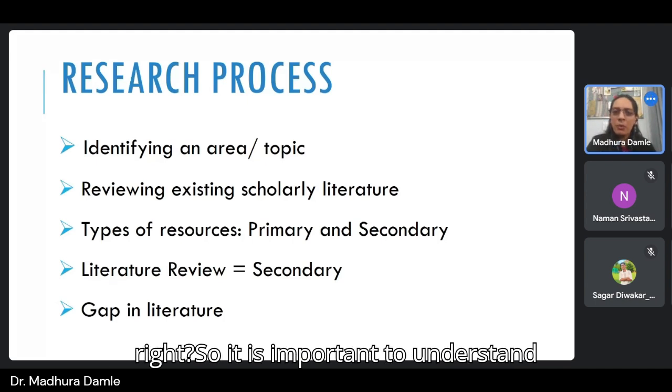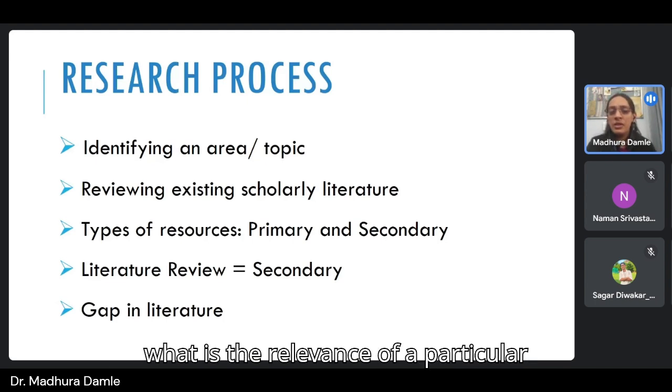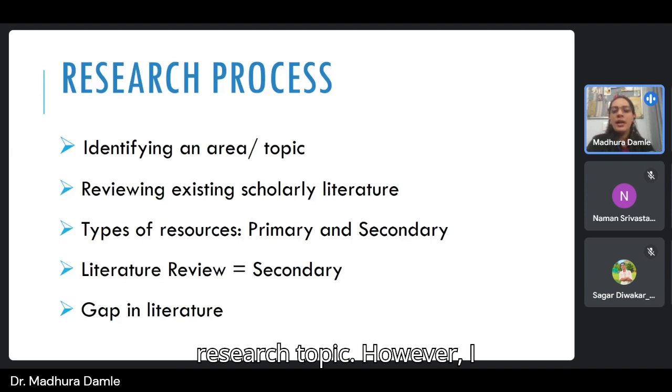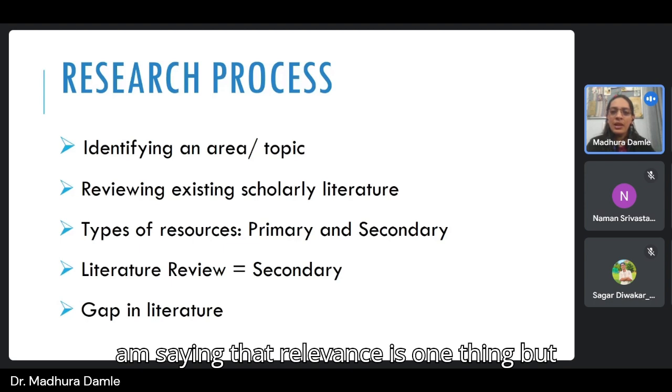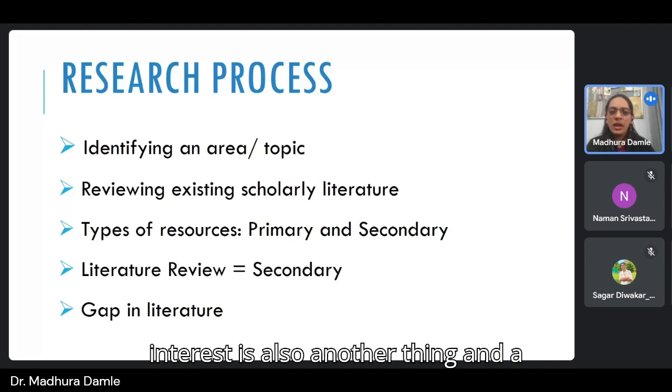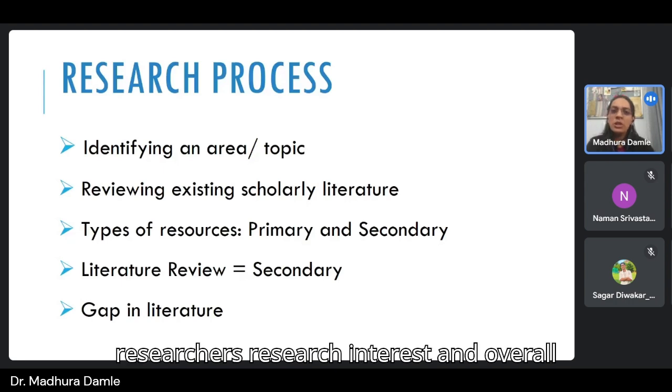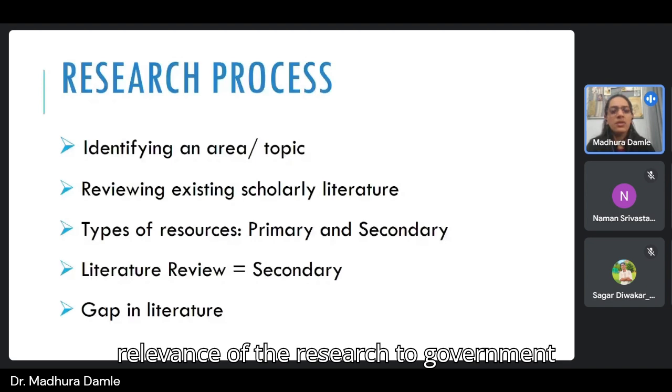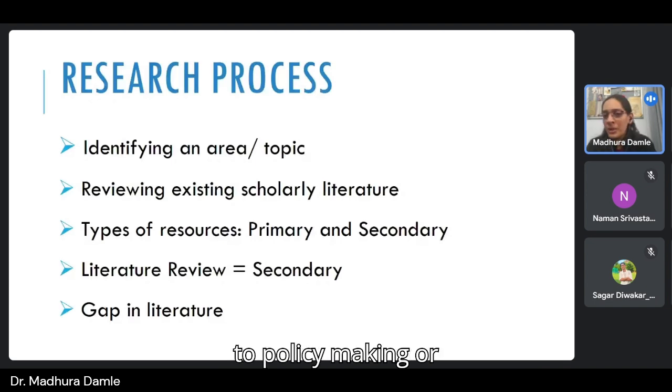So it is important to understand the relevance of a particular research topic. However, I'm saying that relevance is one thing, but interest is another thing. And a good research will combine a researcher's research interest and the overall relevance of the research to government, to policy making, or academia in general.